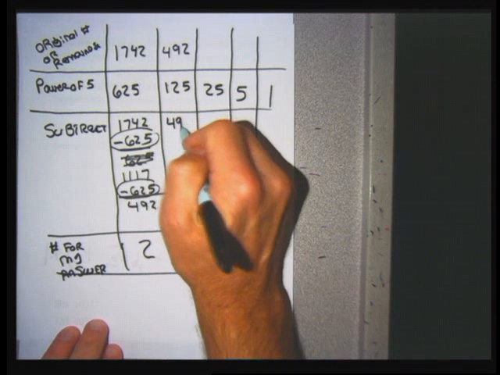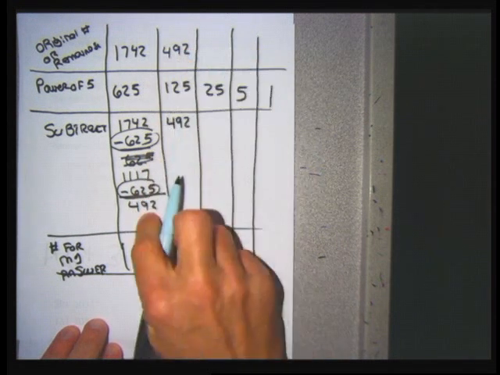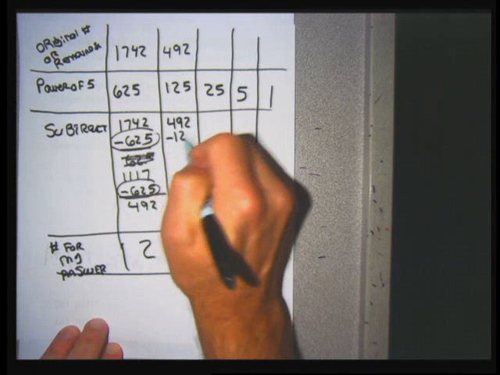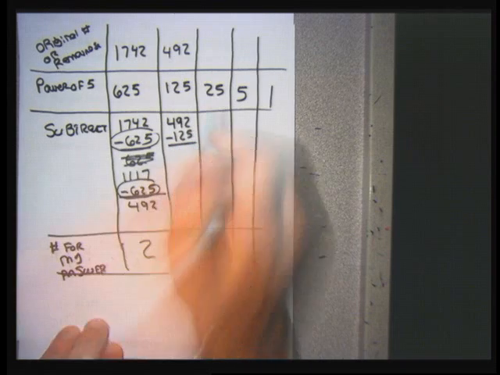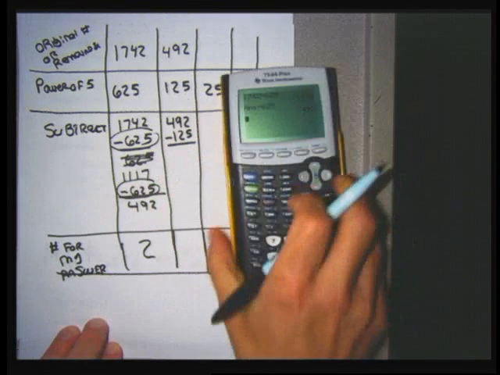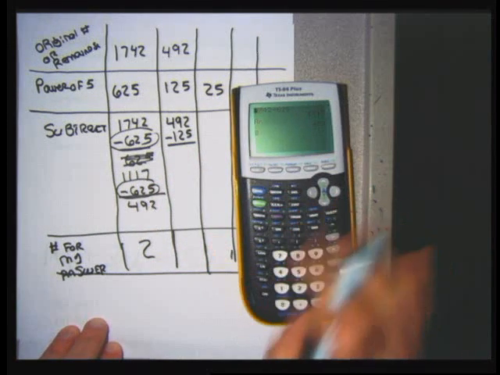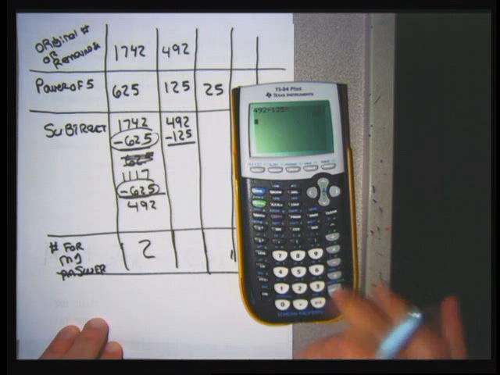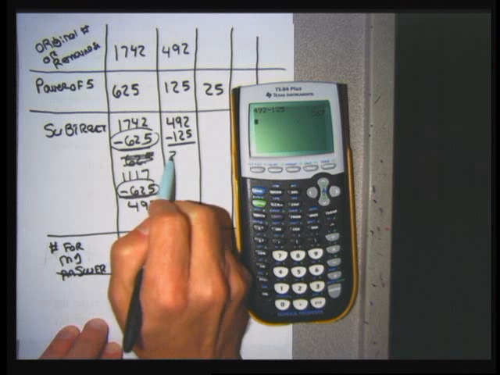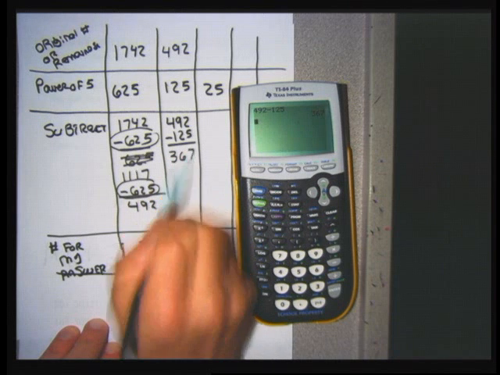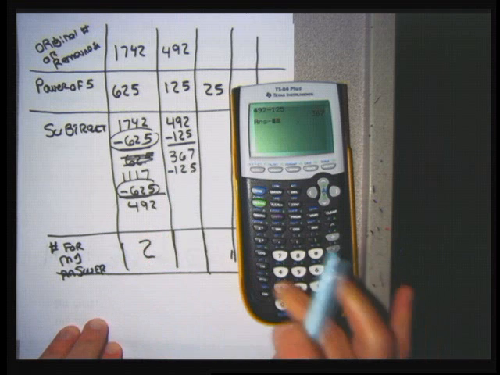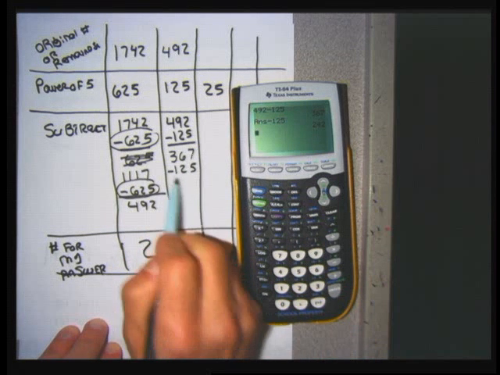I'm going to go 492, which is the remainder from that step, subtract the next power of 5, which is 125. Now it's a calculator problem that I'm going to do all on my calculator. So now I'm going to go clear 492 minus 125 equals 367. Now I'm going to go minus 125 again and get 242.